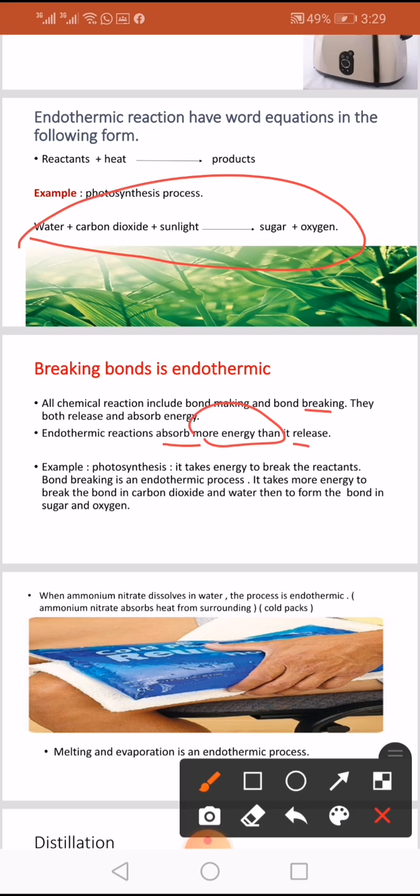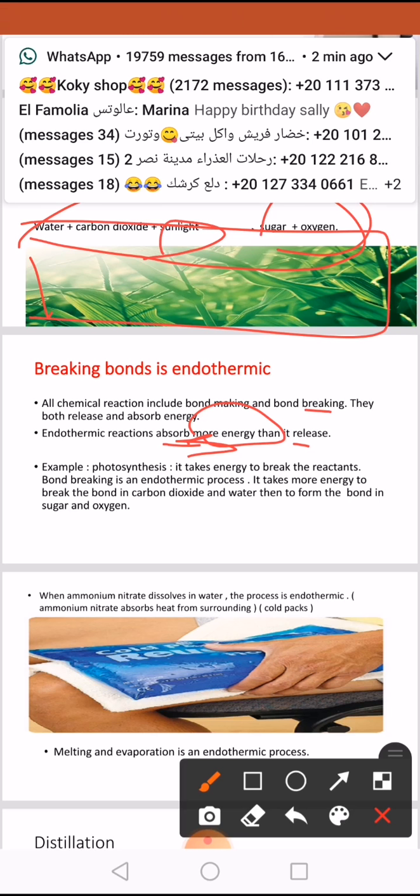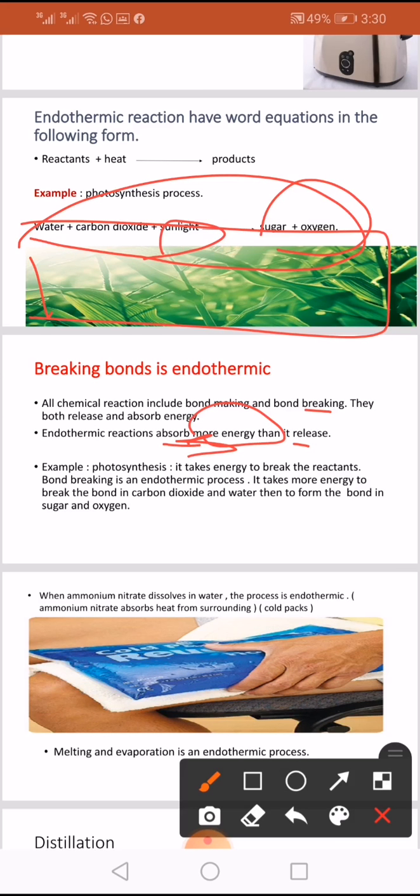Bread absorbs heat, absorbs energy, more than it releases, as here in the plant. The plant absorbs energy from the sunlight more than it releases it, as in this reaction. The plant absorbs heat, not releases heat. So this is an endothermic reaction.